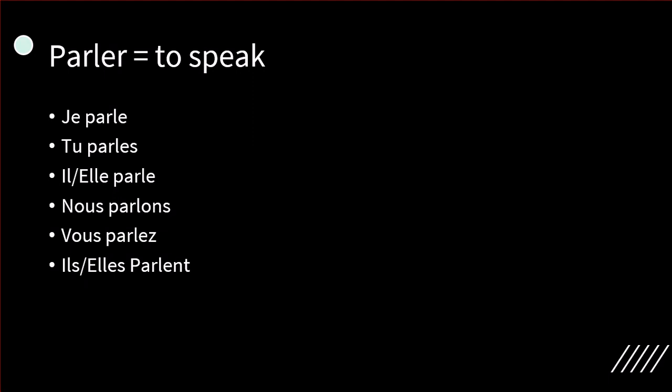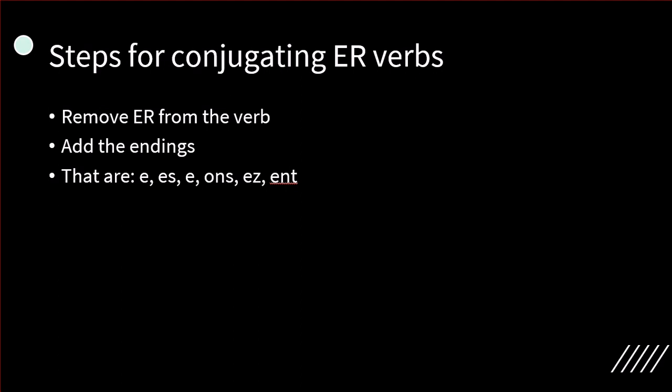Now, this happens in all the ER ending verbs. You will add these pronouns before the verb and then you will add the endings as well. Now we will wrap up this session with some steps. So the steps for conjugating ER verbs.